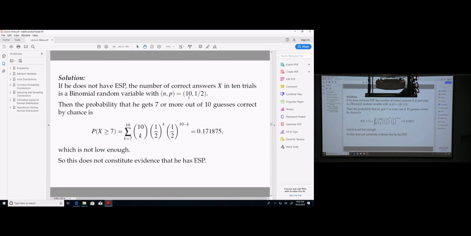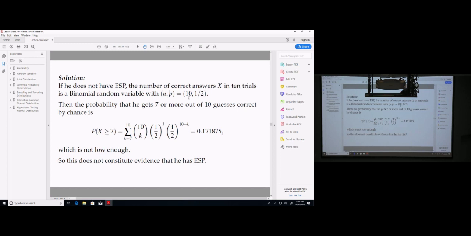And then later on, we are interested in, say, if he claims he has ESP, what is a reasonable P? We do not expect him, even with ESP, to have 100% correct answers. So maybe we think that if the probability of success is 0.9 or above, then we deem him as having ESP.